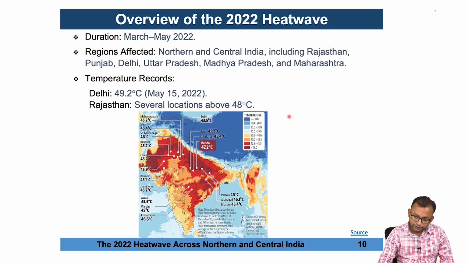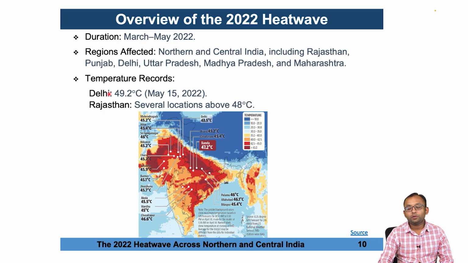Then in the next lecture we talked about heat waves. Primarily we talked about the March to May 2022 Indian heat wave. Several regions were affected, for example northern and central India, Rajasthan, Punjab, Delhi, Uttar Pradesh, Madhya Pradesh, and Maharashtra. A major proportion of the Indian subcontinent was affected by these heat waves.